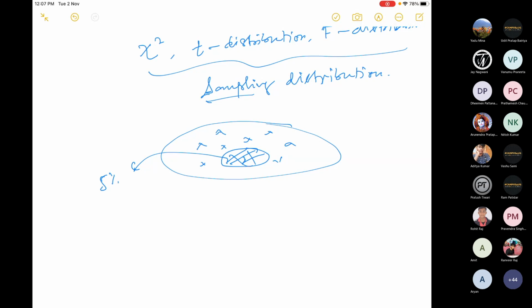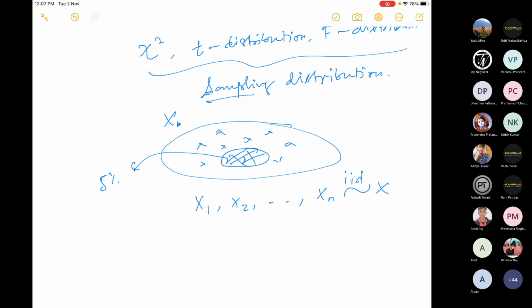This random sample contains, let's say, n points. Then there is a population random variable, that is x, and then we have x1, x2, up to xn, these random variables corresponding to the n random samples, and these are all IIDs, and they have the same distribution as x.